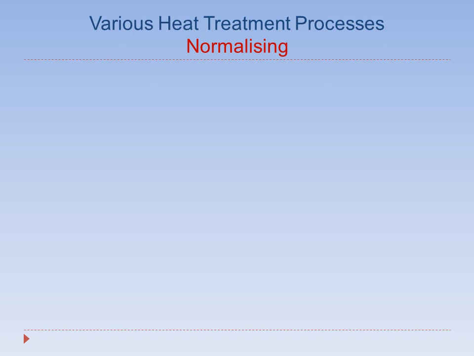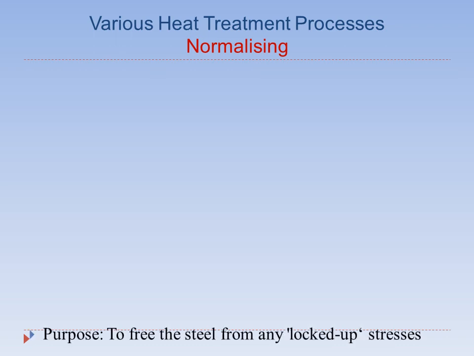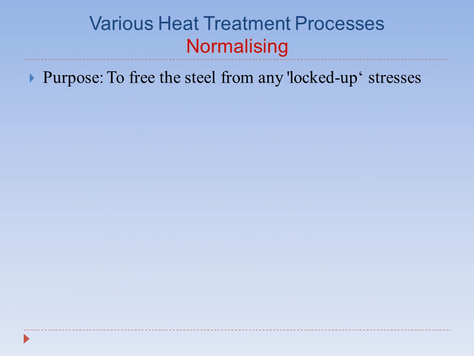In the set of heat treatment processes, let us first take the normalizing process. The purpose of normalizing is to free the steel from any locked up stresses. What do we mean by locked up stresses?